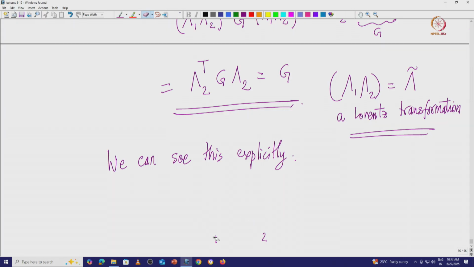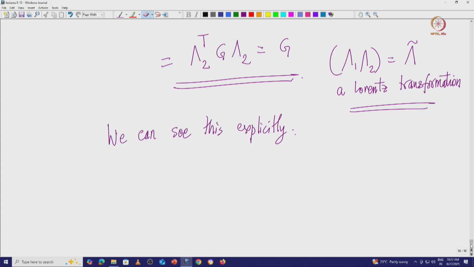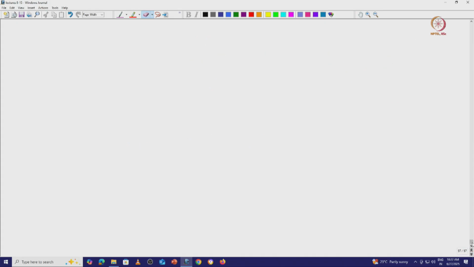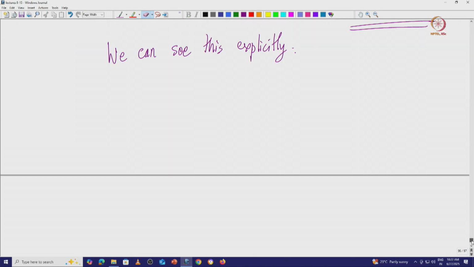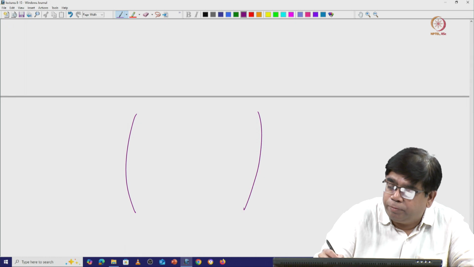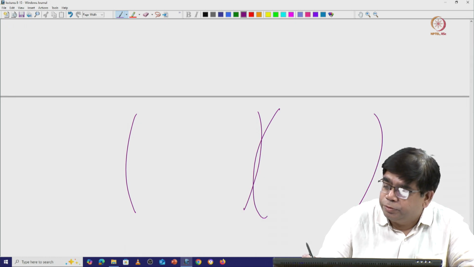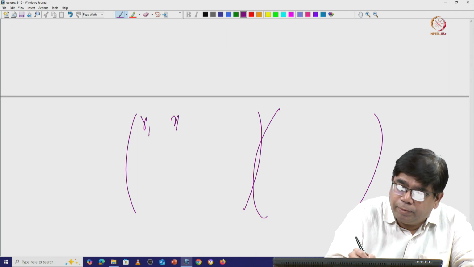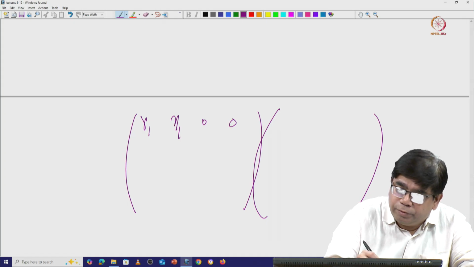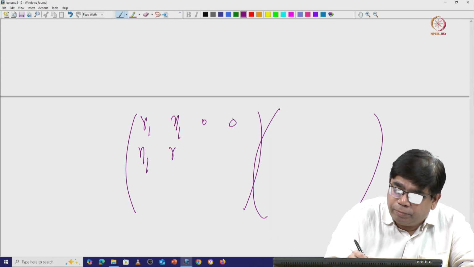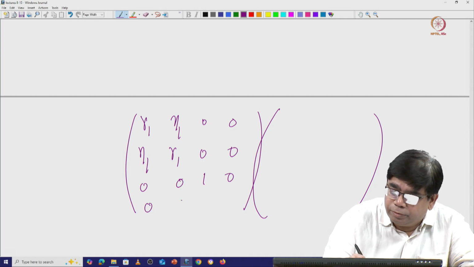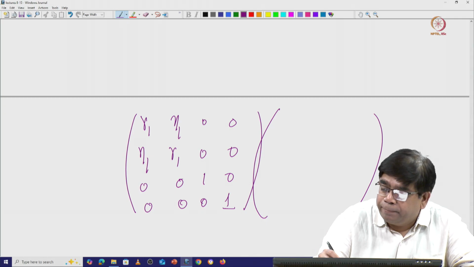Explicitly means take two Lorentz transformations, so let me write it down in terms of 4 by 4 matrices: gamma 1 eta 1 0 0, eta 1 gamma 1 0, and gamma 2 eta 2 0 0.